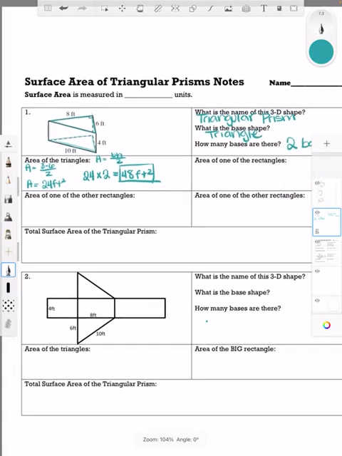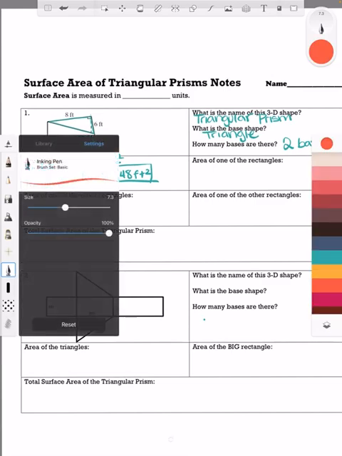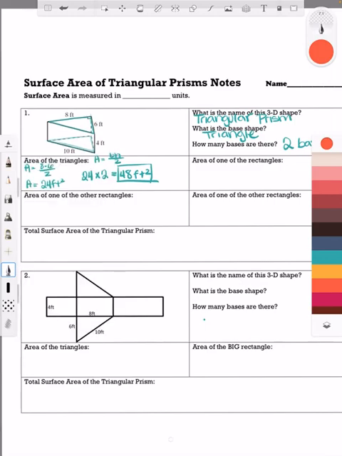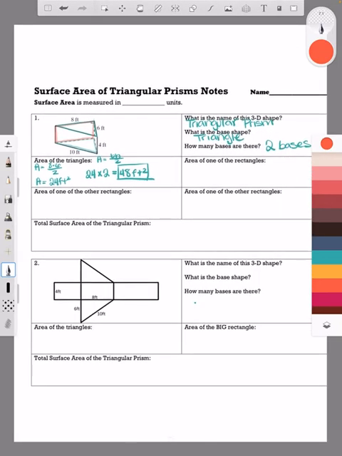All right, now our next question is saying, find the area of one of the rectangles. So I'm going to go back and I'm going to highlight this rectangle back here. All right, so I highlighted this rectangle on the back, and it wants us to know what the area of it is.